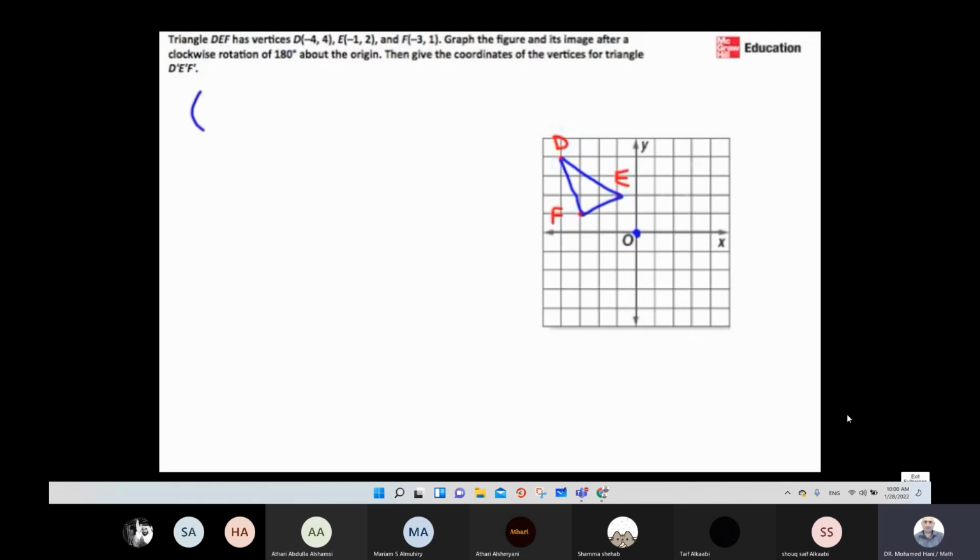One thing to keep in mind is that with a 180 degree rotation about the origin, which is what we have, the transformation notation is (x, y) maps to (-x, -y), or the opposite of x and the opposite of y. So that's how we can do this problem.